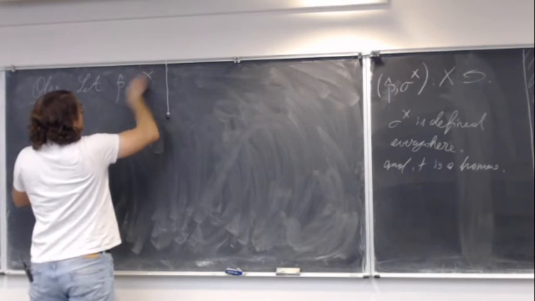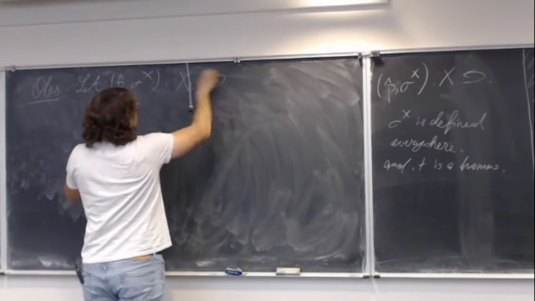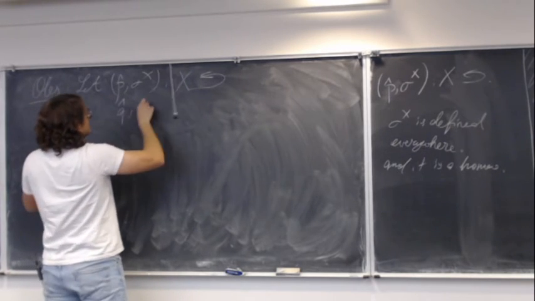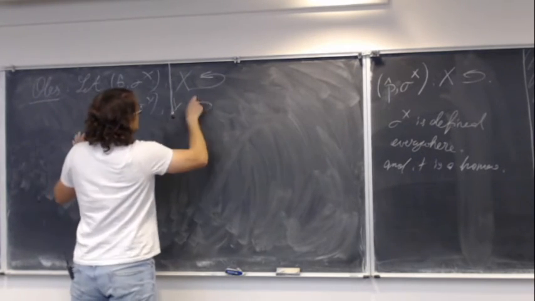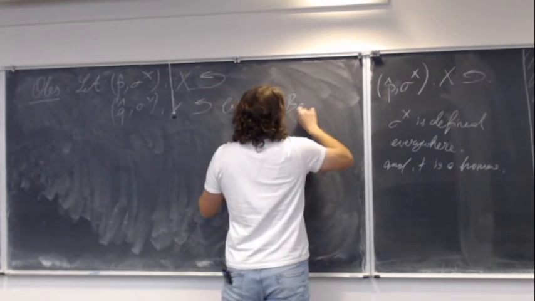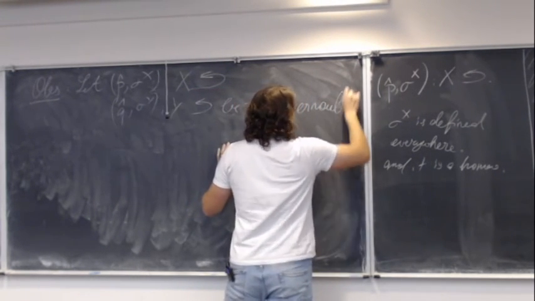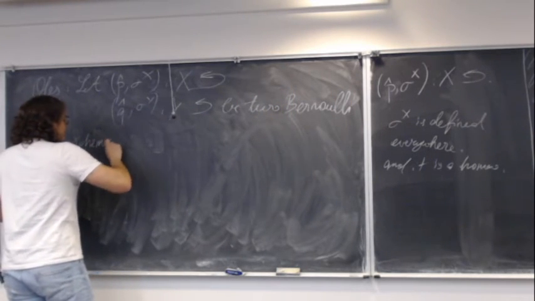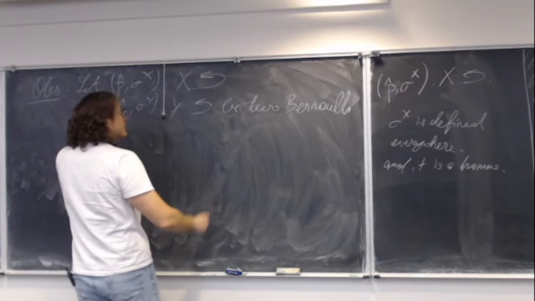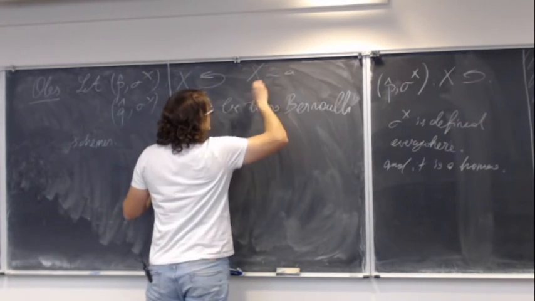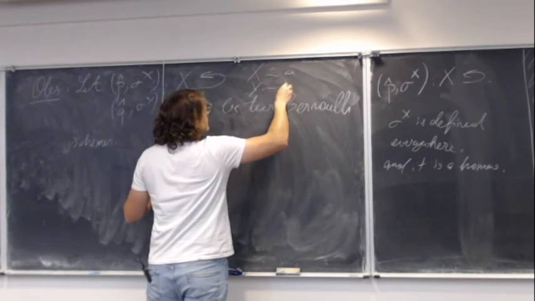Let p hat sigma x and q hat sigma y be two Bernoulli schemes. Here, x is on A symbols, and y is on B symbols.